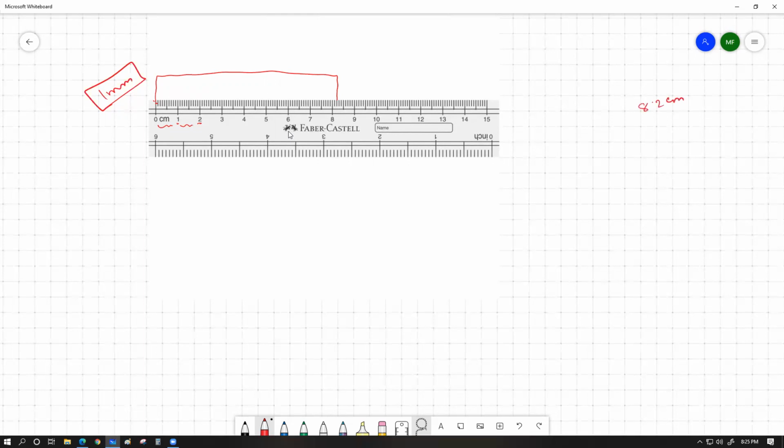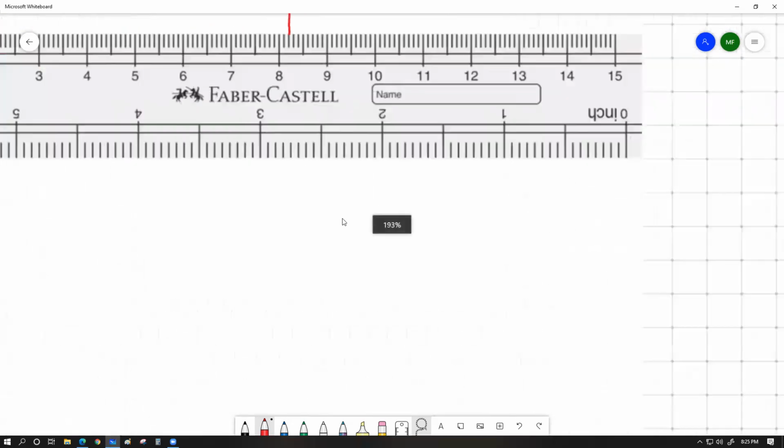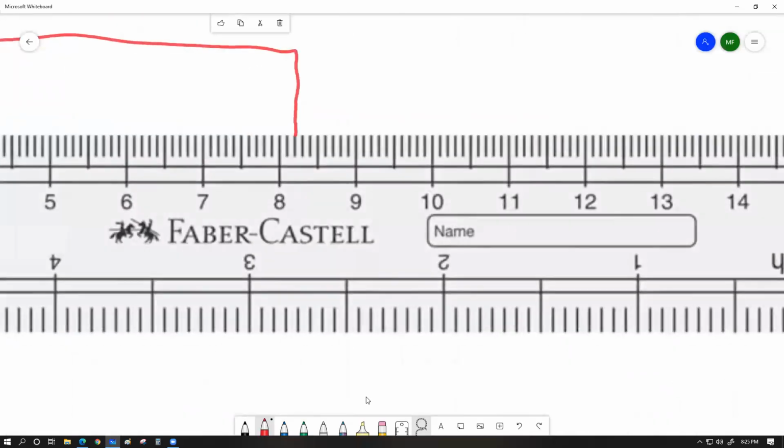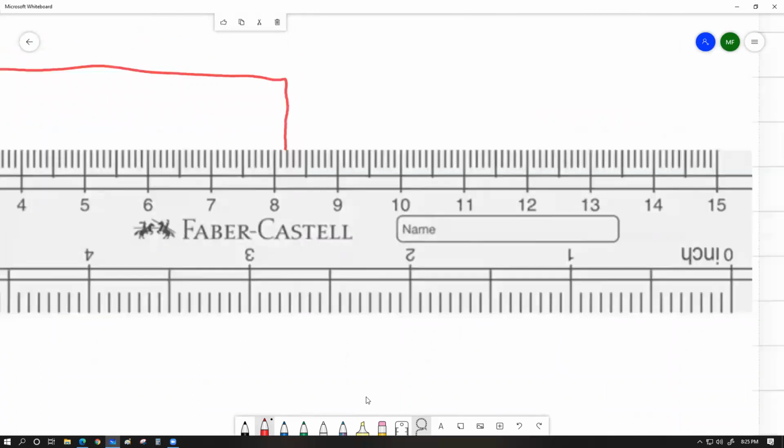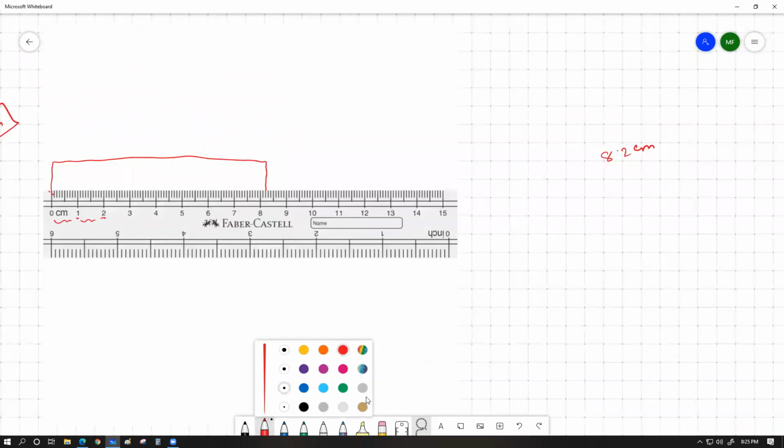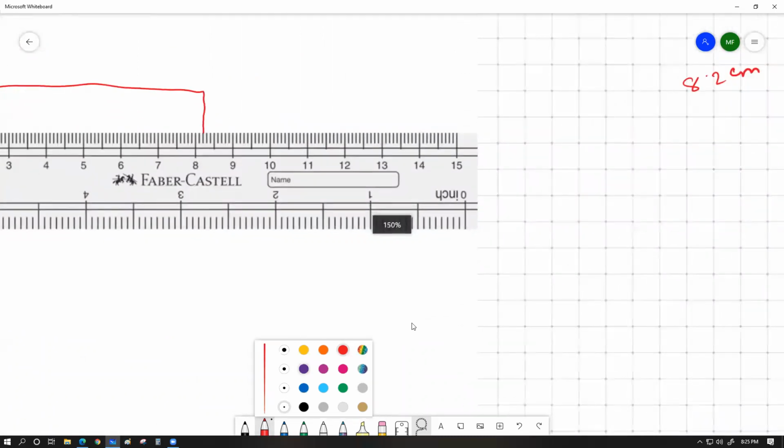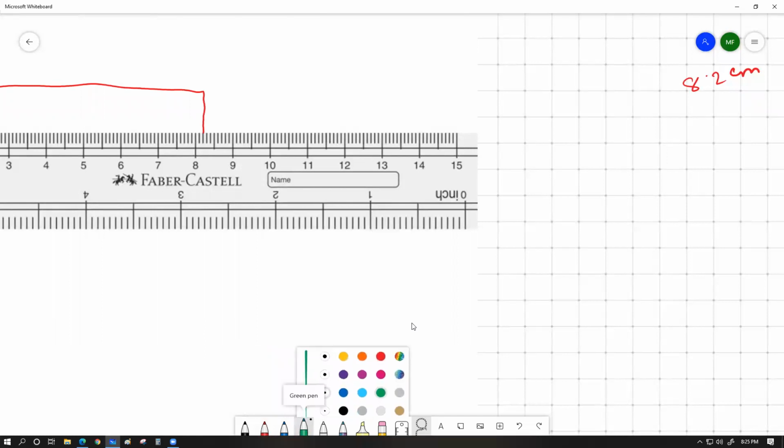But that might not always be the case. It is also possible sometimes that an object might line up somewhere in between these two lines. For example, let's say an object which is aligned with the 0 mark on the left, that's for sure. And let's say on the right side, that object shows up to be right here, at the halfway point over here.